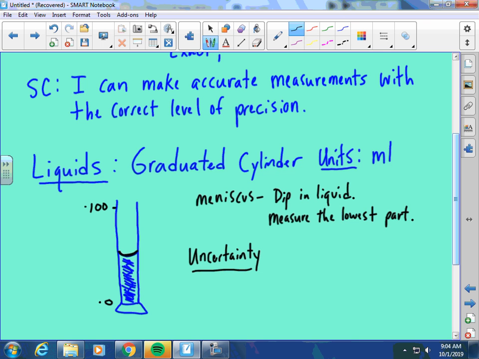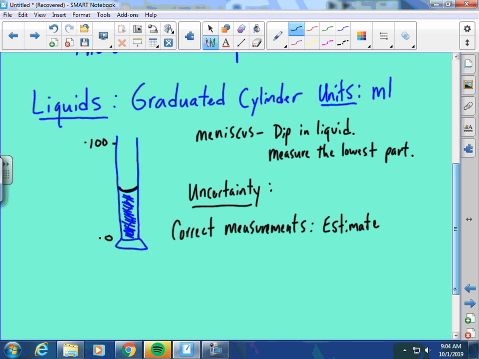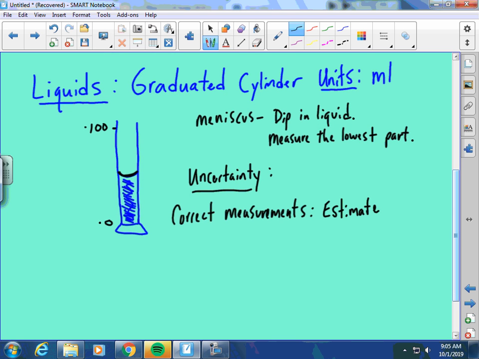Okay? When we make the correct measurements, we are always going to estimate our last spot. What does estimate mean? Kind of guess, yeah. We kind of guess. So if I accurately record this measurement using the rules we use in science for measurement, I can say for certain it's between 0 and 100.